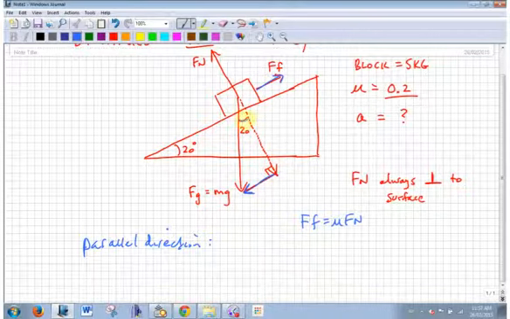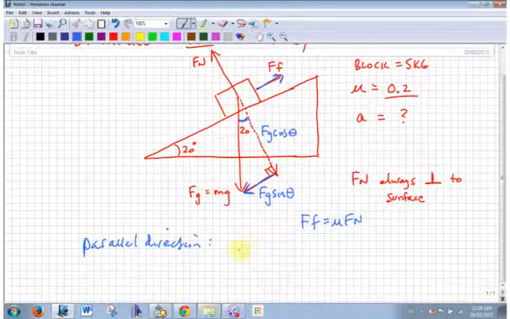If this is 20, this is opposite to 20, so which ratio has an opposite, sine or cosine? Sine of 20 is opposite over, this is mg here, right? So that is Fg sine theta. So this one, that's the adjacent side, that is Fg cosine theta.